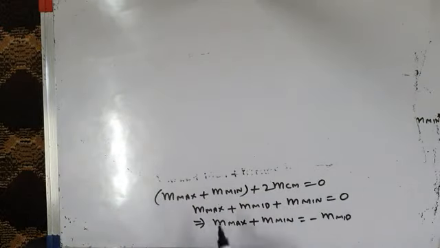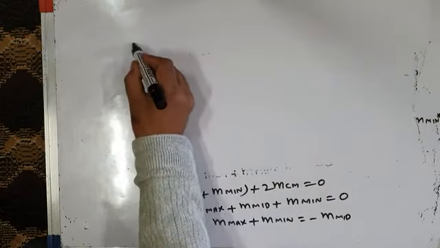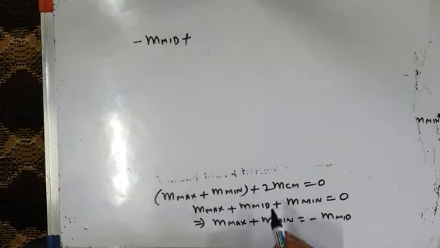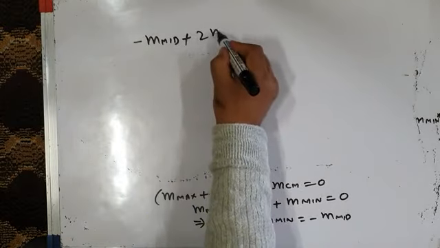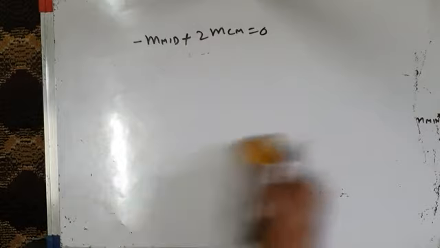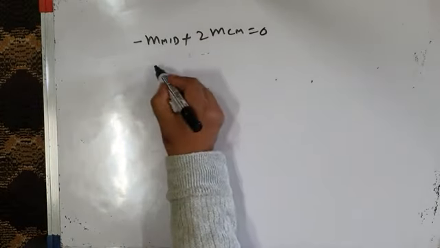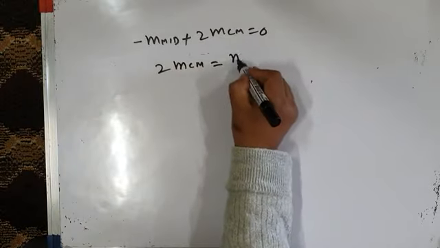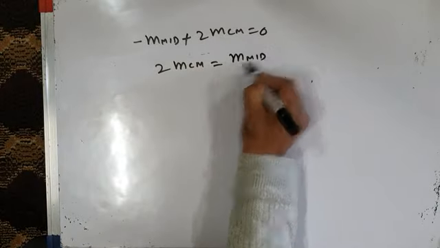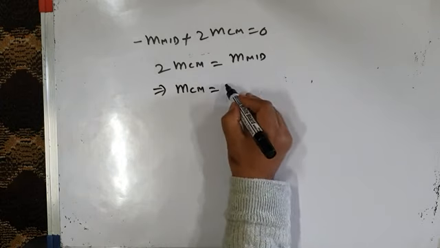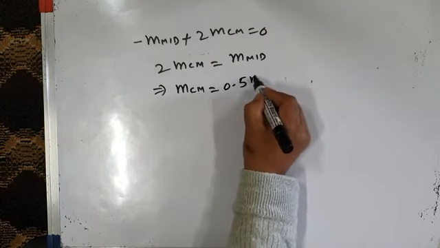Our equation becomes, m max plus m min is minus m mid. So minus m mid plus 2 times MCM is equal to 0, right? Or 2 times MCM is equal to, take it to the right hand side, plus m mid. That will give us the common mode signal MCM equal to m mid by 2, that is 0.5 m mid.